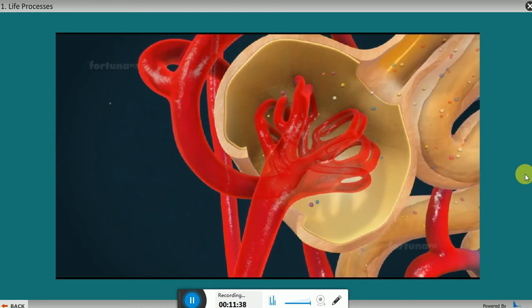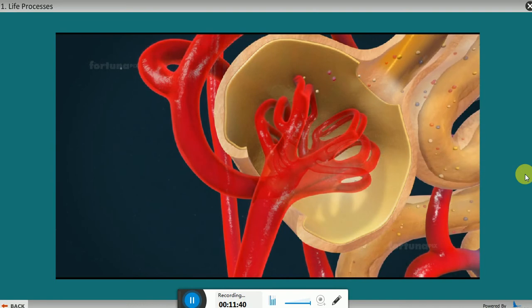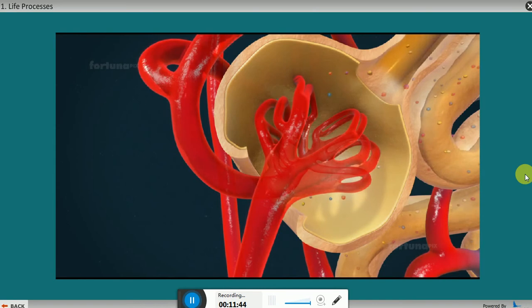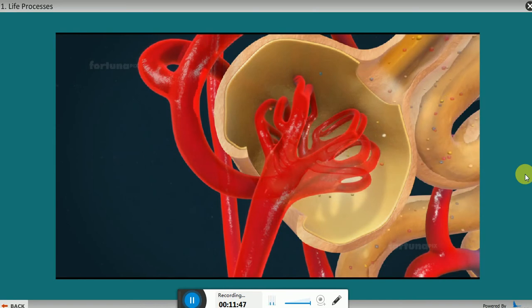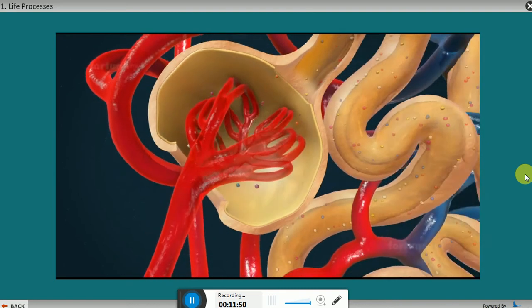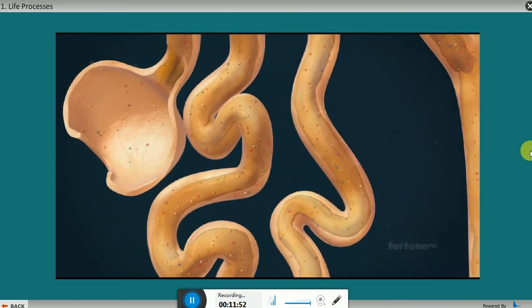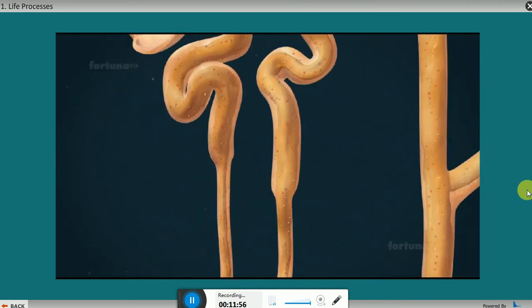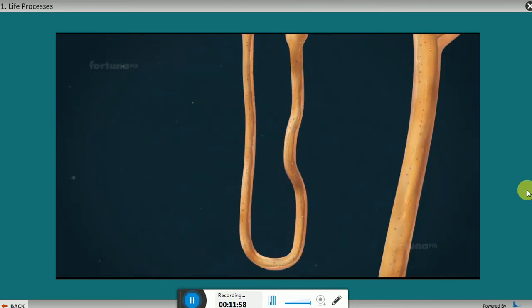Blood enters the glomerulus through renal arterioles known as afferent arterioles and, once filtered, is carried back to the bloodstream through efferent arterioles. The Bowman's capsule continues into the proximal convoluted tubule, which then continues into the renal medulla as a distinct loop known as the loop of Henle.